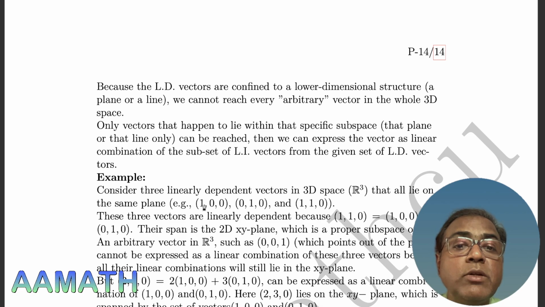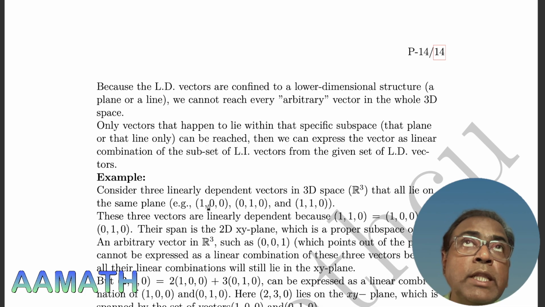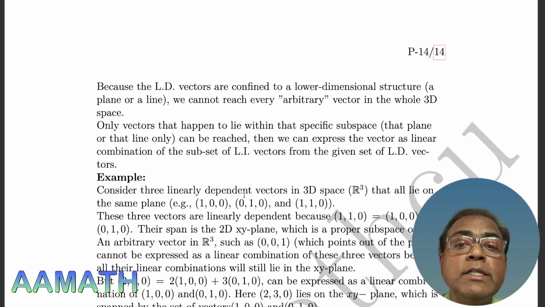The vector (1, 0, 0) joins the origin and a point on the x-axis at unit distance, and (0, 1, 0) joins the origin and a point on the y-axis at unit distance. Since these three vectors are linearly dependent, their span is the 2D xy plane.